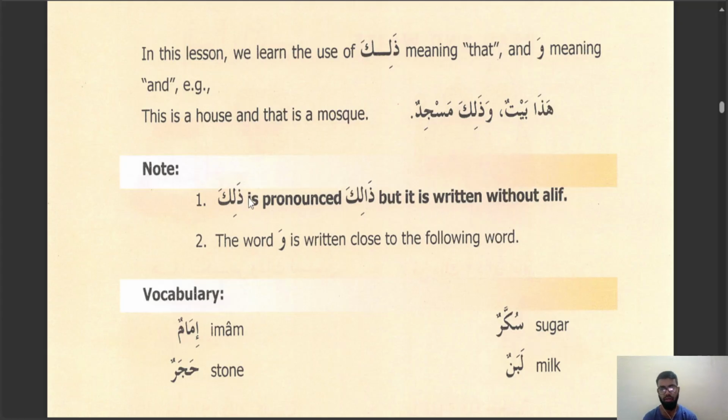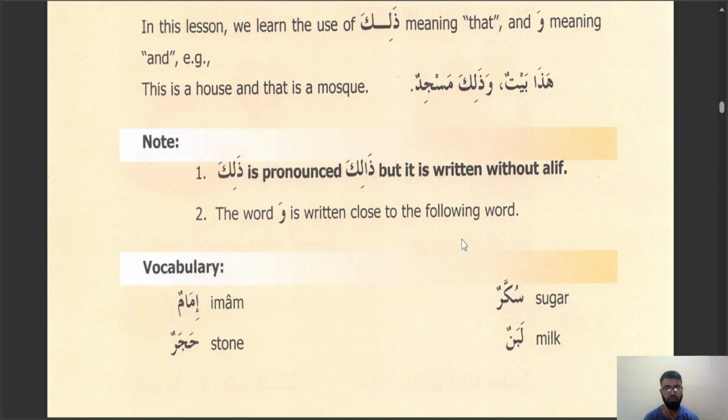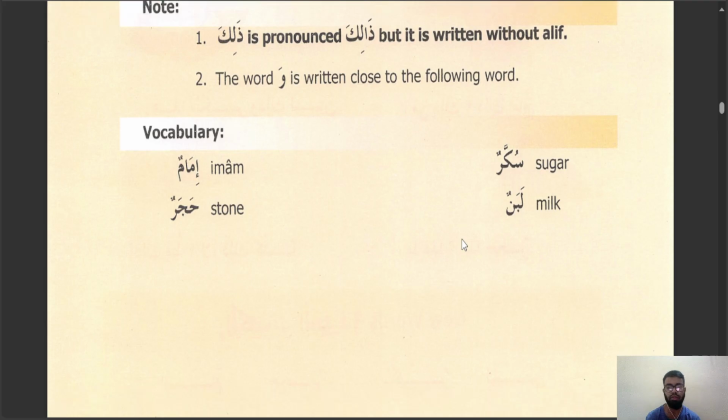We say Dhaalika, but it's written like Dhalika. The second point is the word wa is written attached to the following word. So those were two points to remember.